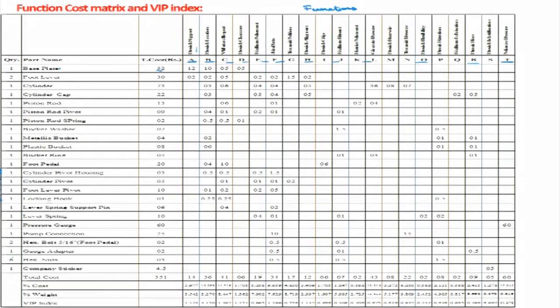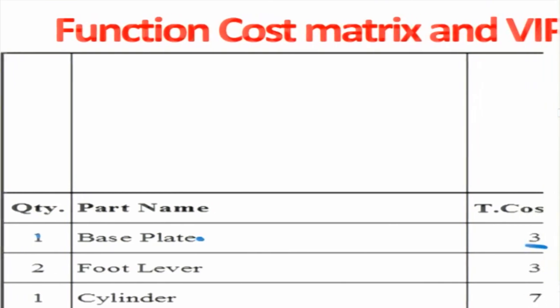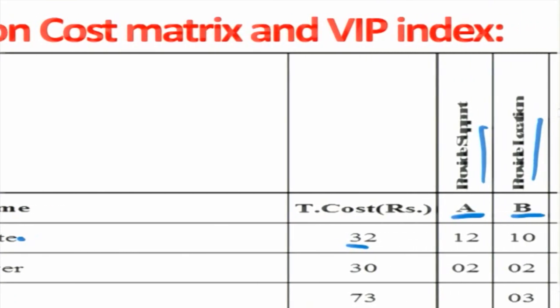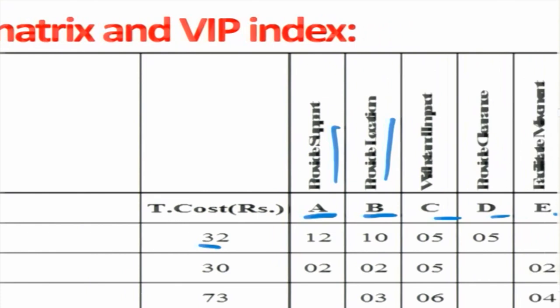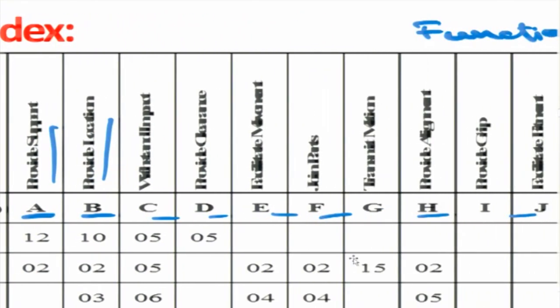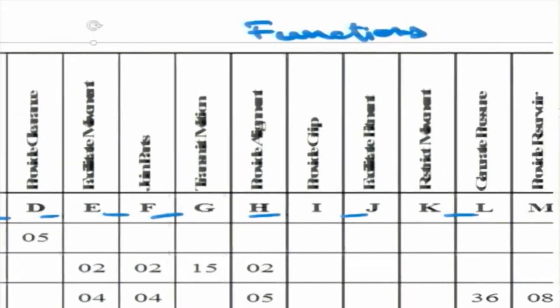Now this base plate is having total cost of rupees 32 and it is performing these functions: provide support, provide location, withstand impact, A, B, C. Function D is provide clearance, and that's all.